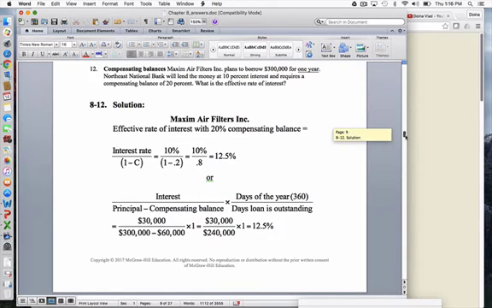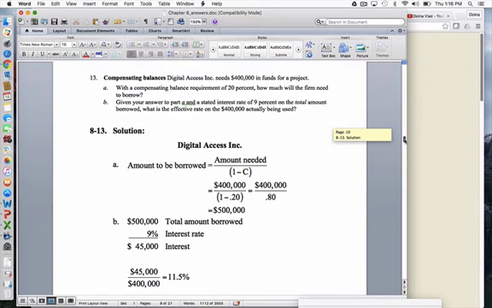Okay, compensating balance again, but with more information. Here, actually, I think you have to borrow more to meet the compensating balance requirement. So this business needs 400,000 for a project. And with a compensating balance of 20%, how much will the firm need to borrow?